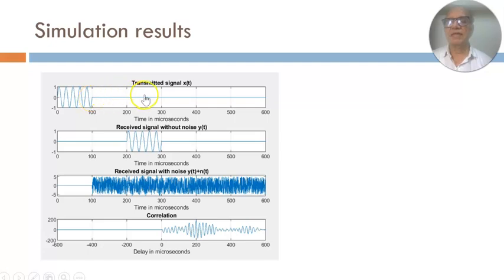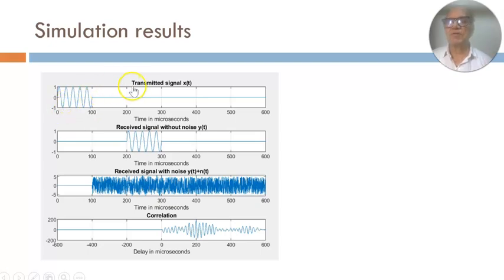Once this is over, it waits for the remaining time window, which goes up to 600 microseconds. In an actual system, this could be much more, but right now I have used only 600 microseconds so that we are clearly able to see the sine wave that we are transmitting. The nature of the waveform is clear when I choose this small. If I make this very large, you may not be able to see the nature at all.